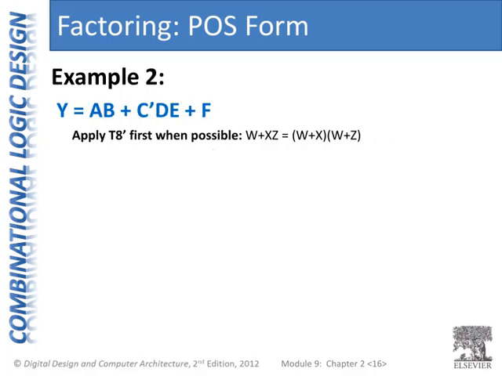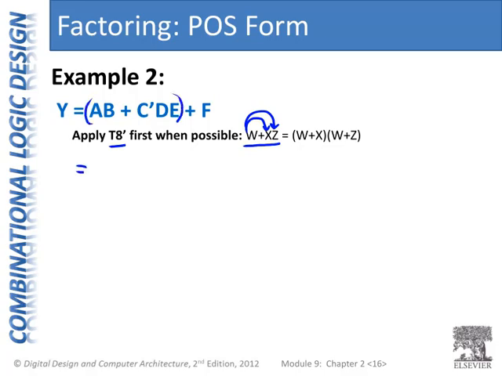So here's another example where we can apply factoring, or distributivity, T8 prime, to factor this term by distributing across the OR. We have some term here: A B, or C bar D, and E, or F. Well, it doesn't look exactly like before, but we could start with this term and factor across it.